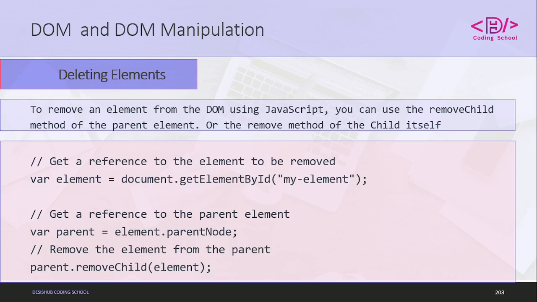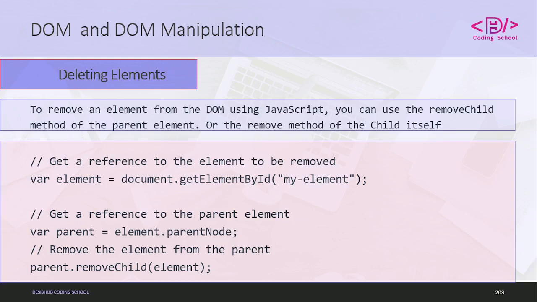If you have an element and you want to delete it or hide it, how would you do that? To remove an element from the DOM using JavaScript, you can use the removeChild method of the parent element or the remove method of the child itself.